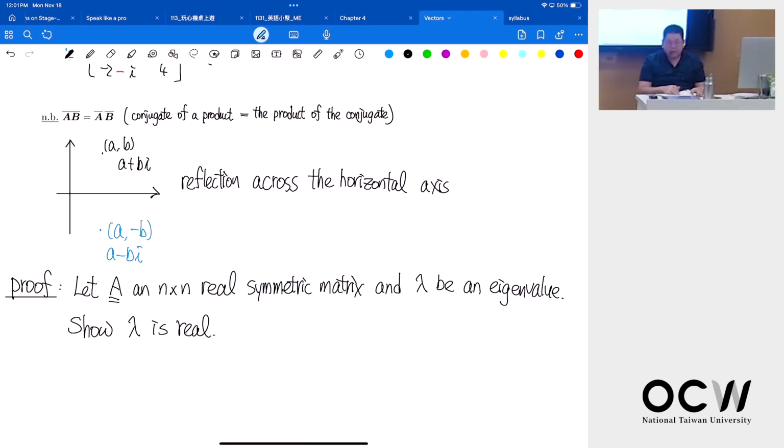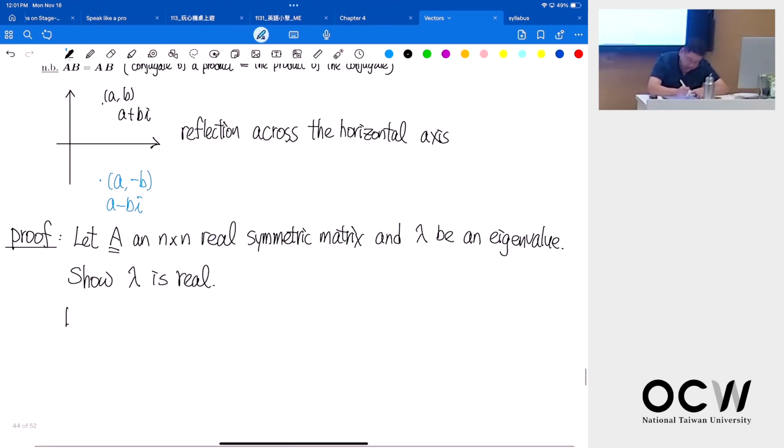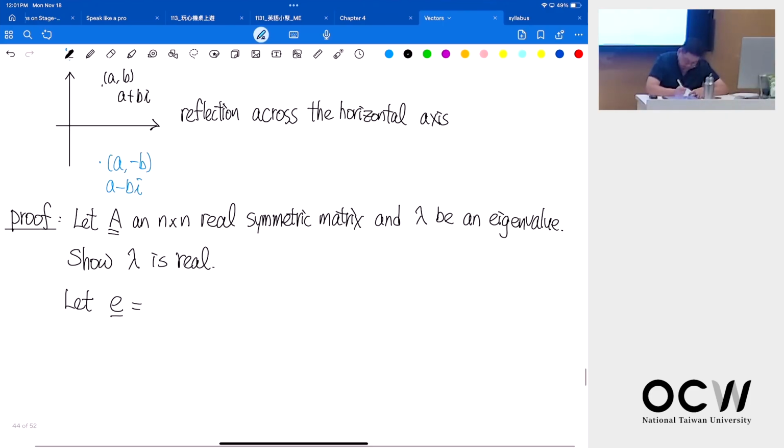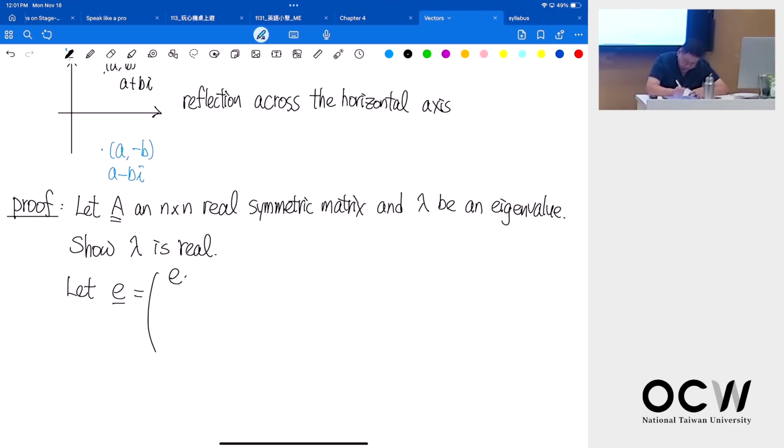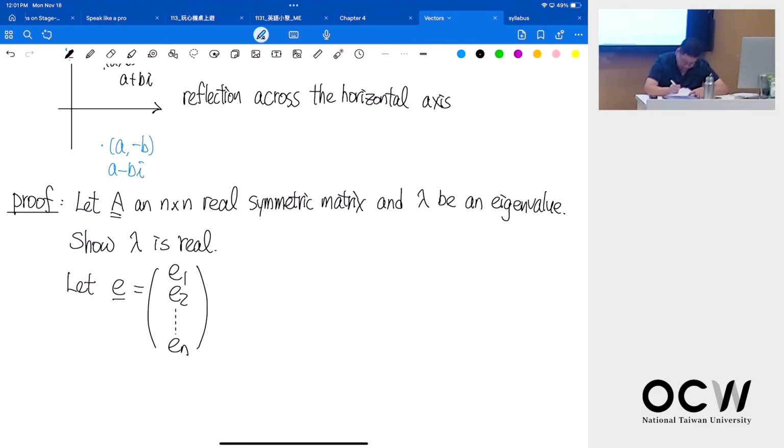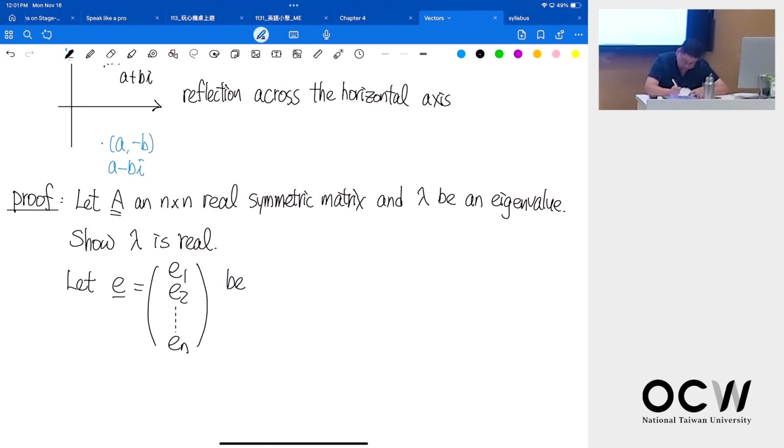I have an eigenvalue, right? Then I should have a corresponding eigenvector. The eigenvector E, that's E1 to En. This is the eigenvector.